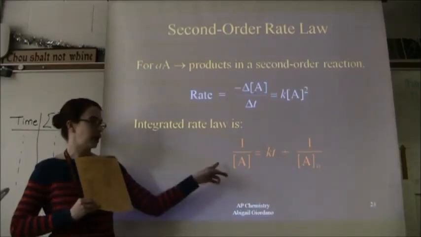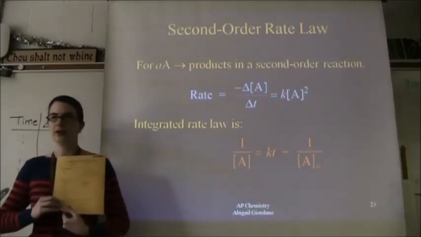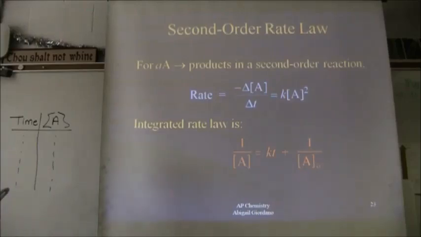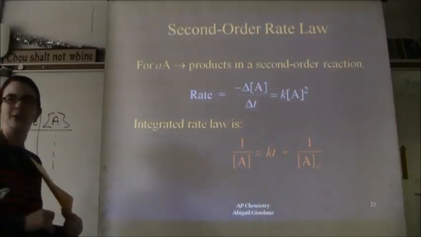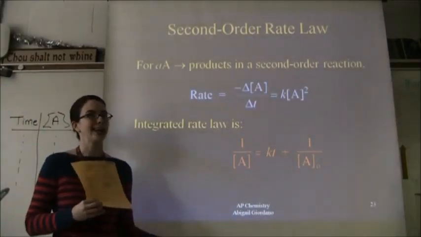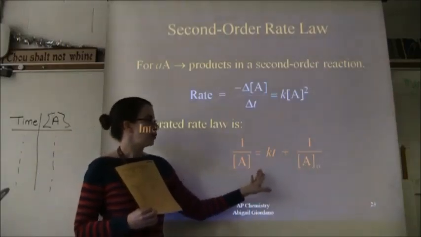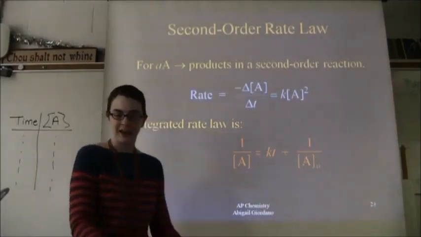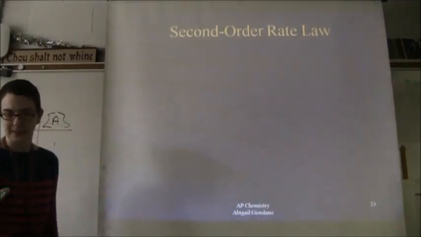Look down, look up, look down, look up. Do you see what I did again? I just rearranged it. Why do you think I rearranged it? So it'll look like y equals mx plus b. Yeah, exactly. Same reason.